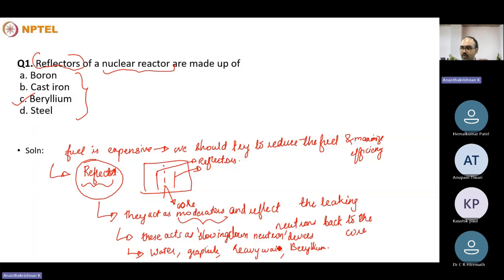The basic properties of these reflectors are that they are made of scattering materials and they reflect the neutrons back to the core. Reflectors will have scattering materials. So basically graphite powder, water, heavy water, beryllium are examples of that.